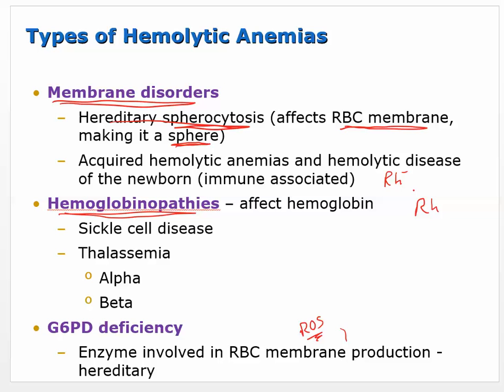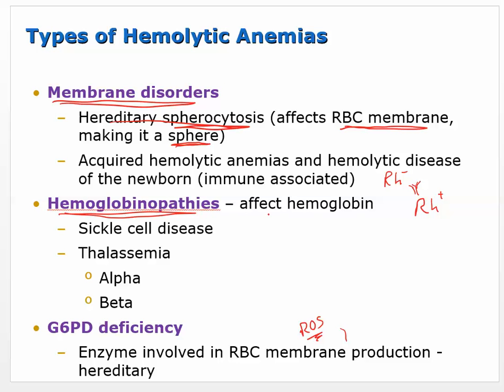Well, normally mom isn't able to see the baby's blood, but if mom gets exposed to Rh positive blood, she may start producing antibodies against that blood. Okay, and that's hemolytic disease of the newborn. So acquired hemolytic anemia and hemolytic disease of the newborn tend to be immune associated. So I hope that makes sense.